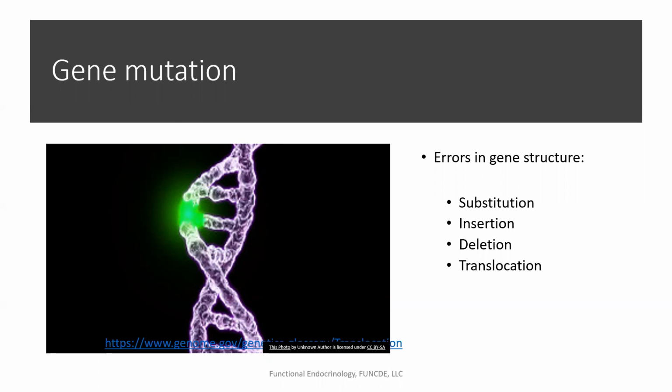So that's substitution. Then you could have insertion, where instead of, let's say, wall, you add some additional letter, and then the meaning will be different. Deletion is when a letter disappears and the word shortens, and as a result, that again changes the meaning of the word, or here the structure of protein.